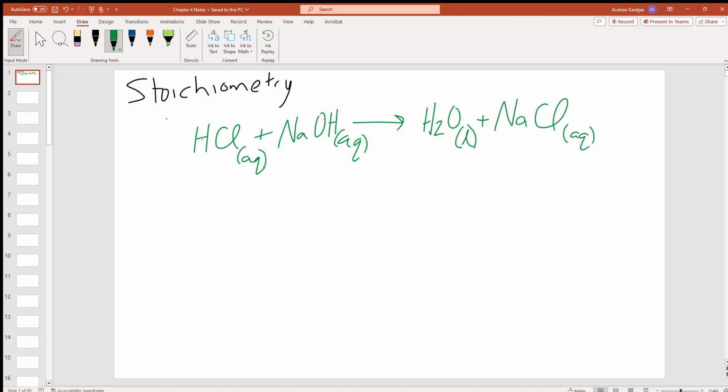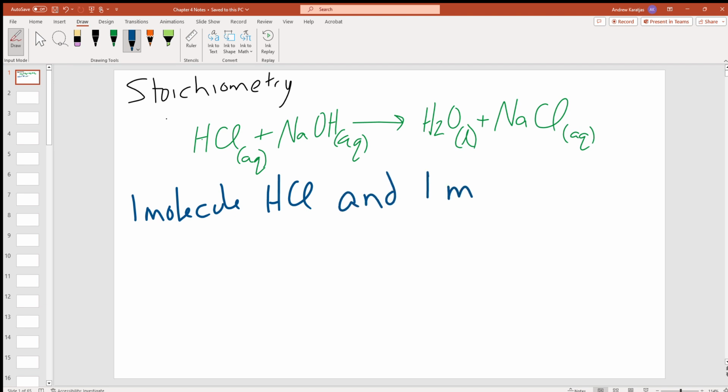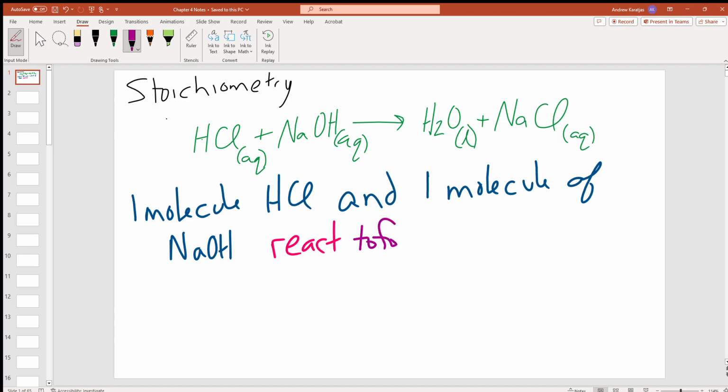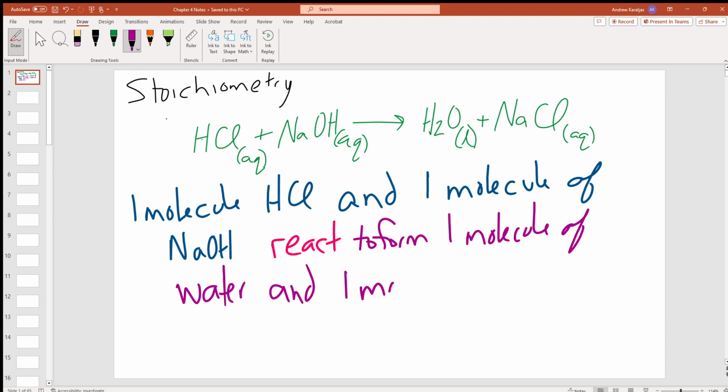But the first thing that this chemical equation tells us is that one molecule of HCl and one molecule of sodium hydroxide will react to form one molecule of water and one molecule of sodium chloride.